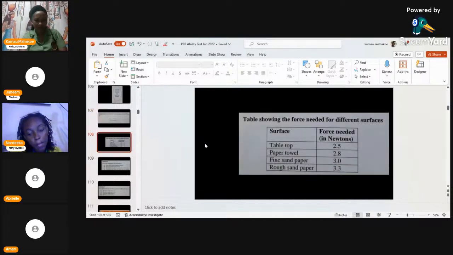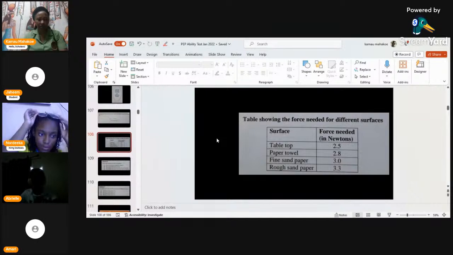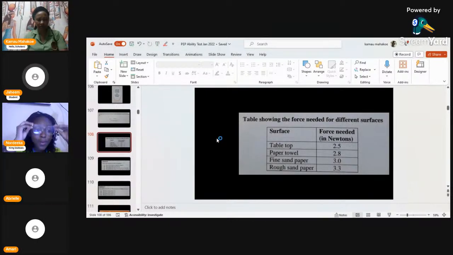Jaim, can you see this one? Yes, miss. Okay, go ahead and read the table, please. Table showing the force needed for different surfaces. Force needed in newtons.